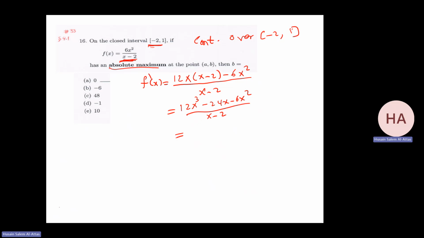I can take 6x as a common factor. Let me arrange it at the same time. That will be 2x squared minus x minus 4. Yeah, is it? Yeah, it will be 12x cubed minus 6x squared minus 24x.